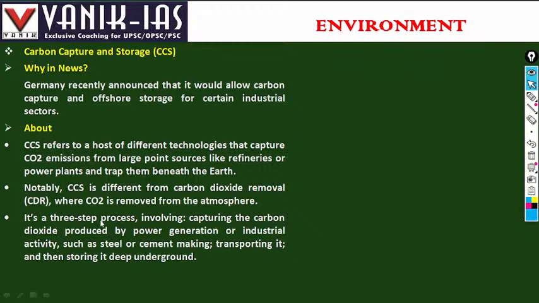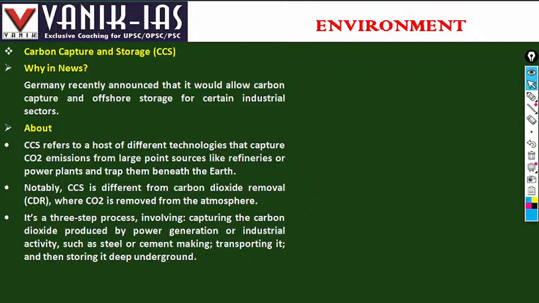It is a three-step process involving capturing the carbon dioxide produced by power generation or industrial activities such as steel or cement making, transporting it, and then storing it deep underground. So first capturing, then transporting, third is storing it underground. Three different stages.